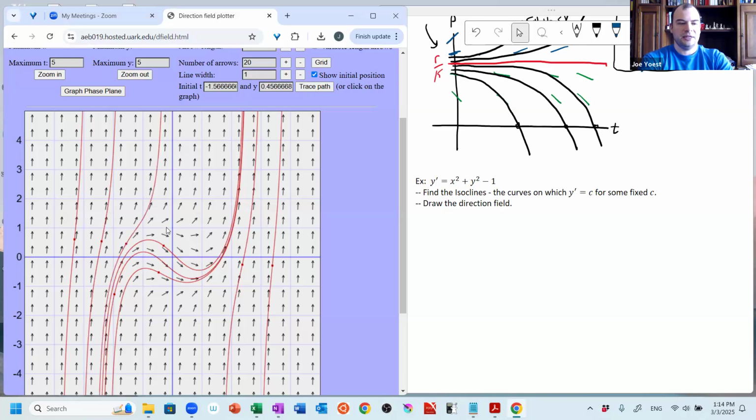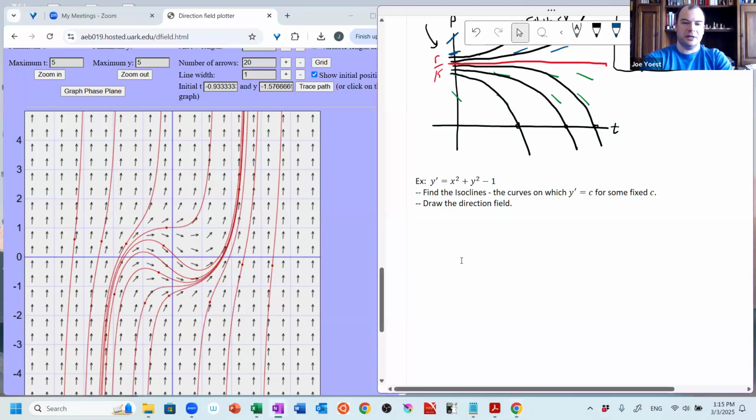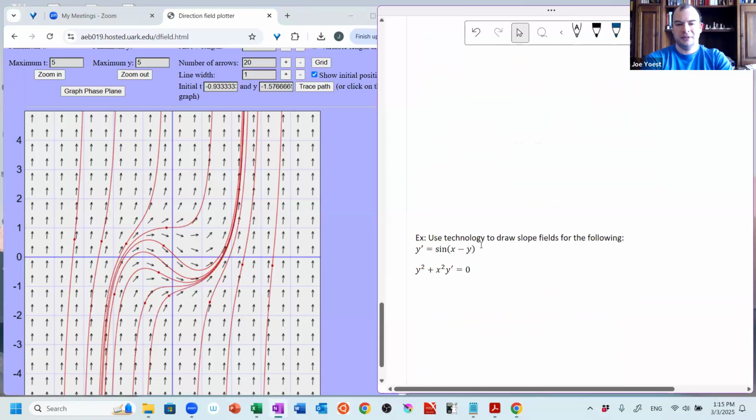And sometimes I get sucked in by the influence of the circle, but don't quite get pulled down. So maybe there's an extreme here where I would have one horizontal tangent, like a y equals x cubed kind of deal, where it's not a local max or a local min, just one horizontal tangent. Or sometimes I'll have two. So that's what the direction field would look like for this one.